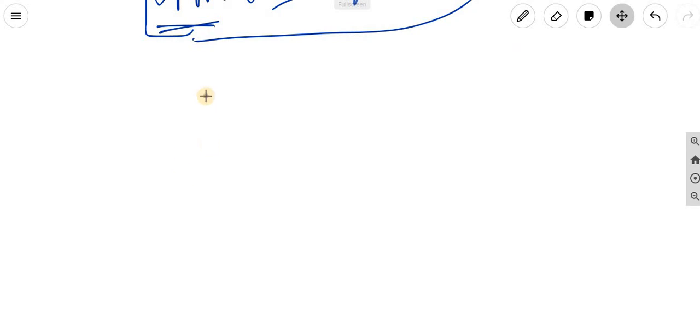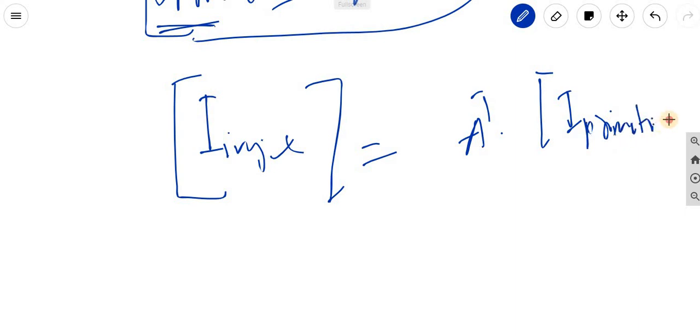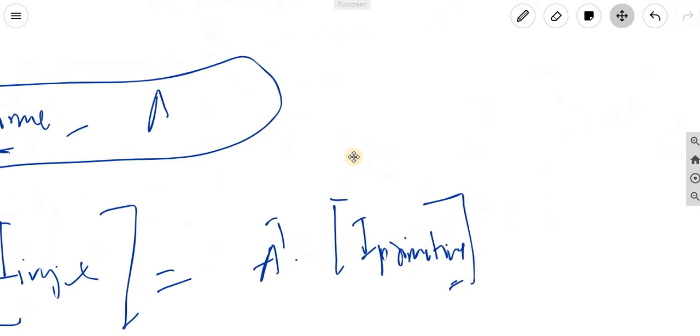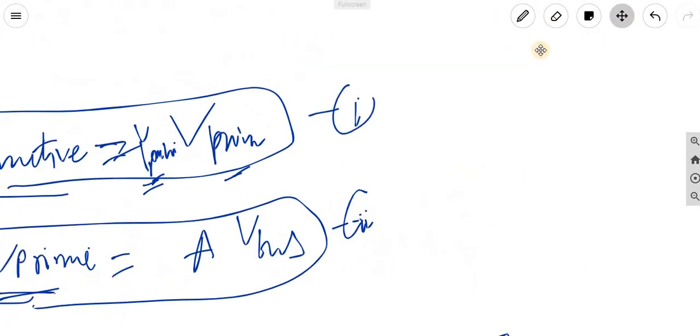Thirdly we got the current injection in relation with A transpose, that means incidence matrix transpose of the I primitive. So this equation we got. Okay, these three equations we deal with. So remember these three equations.